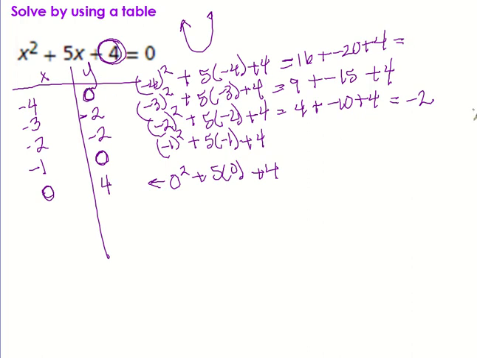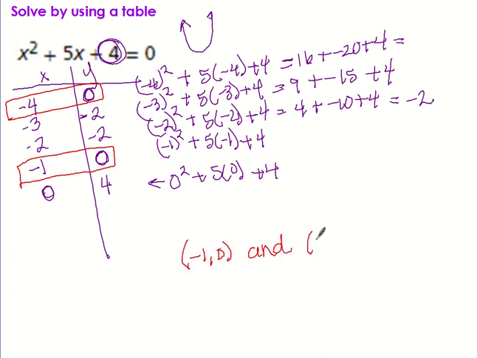So we just found our zeros. This is one of our zeros, and here is our other 0. So we would say our solutions are -1, 0 and -4, 0.